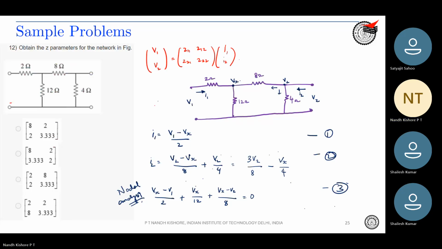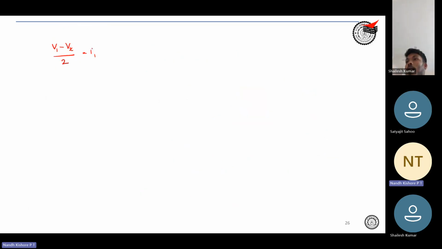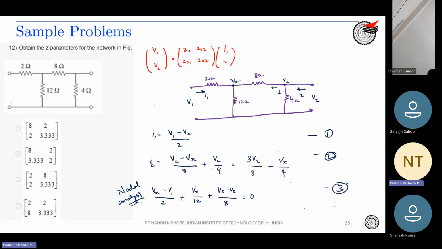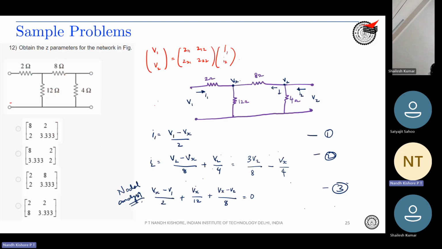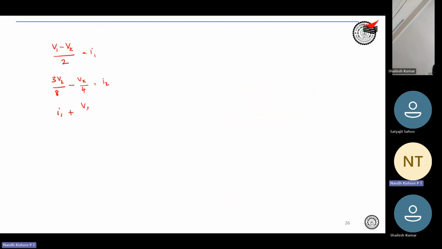Then V2 minus Vx, that is 3V2 by 8 minus Vx by 4, is equal to I2. And Vx minus V1 by 2, which is basically I1, plus Vx by 12 plus Vx minus V2 by 8 is equal to 0.